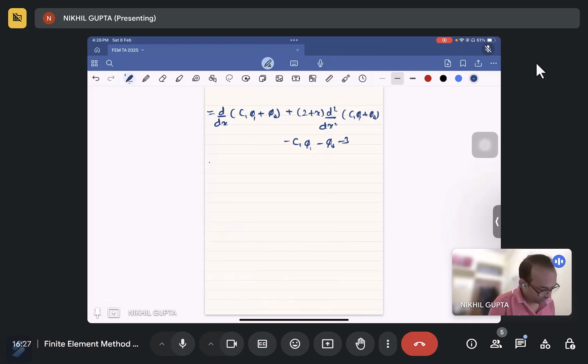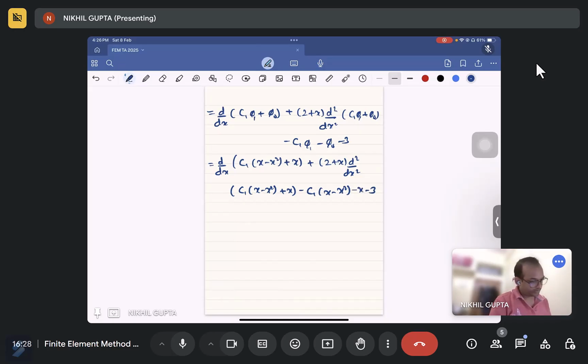So when you start solving it, you will get d/dx of (c1 (x minus x square) plus x) plus (2 plus x) d2/dx square of (c1 (x minus x square) plus x) minus (c1 (x minus x square) minus x) minus 3.